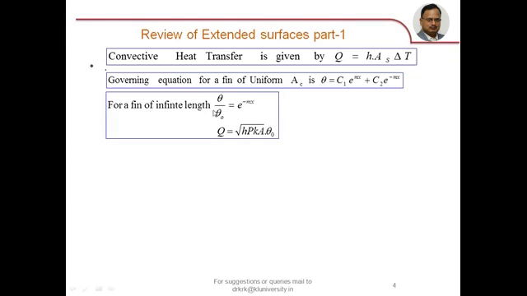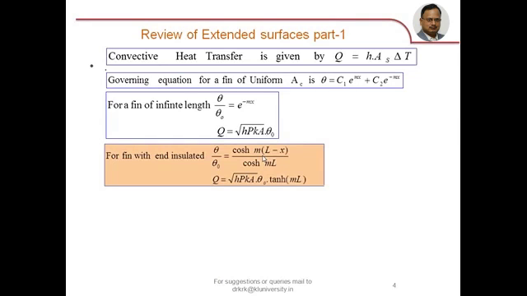As I said, no fin is of infinite length, so this is a very remote assumption, a crude assumption rather, which is not at all practically feasible. So let us take the second assumption, fin with end insulated.